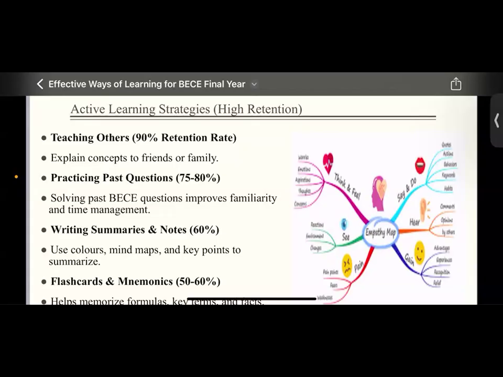Then you can talk about growth of pubic hair. Then you can draw another arrow beside it and write again some of the physical changes. It could be development of acne, enlargement of the reproductive organ. When you do that, you are building what we call a mind map. It summarizes everything. So anytime you pick that diagram or the map and you look at it, it's able to easily let you know the linkages to whatever concept you want to talk about.